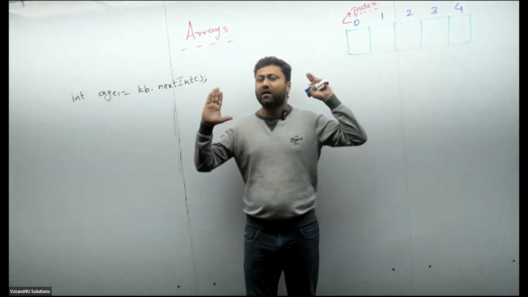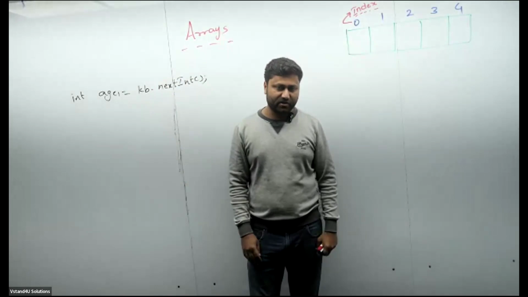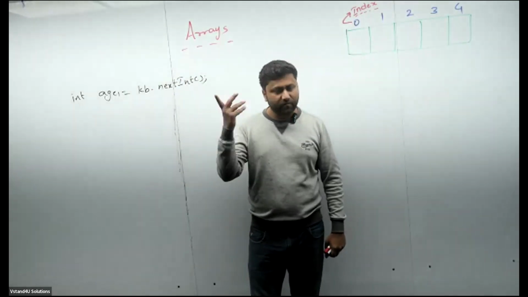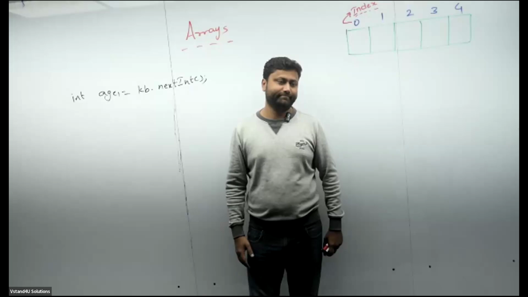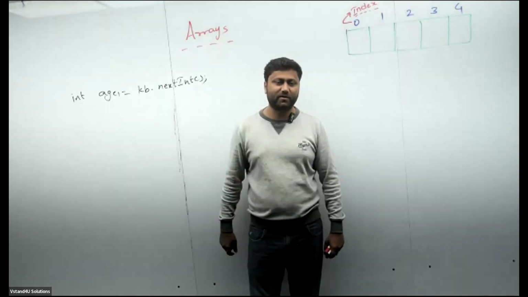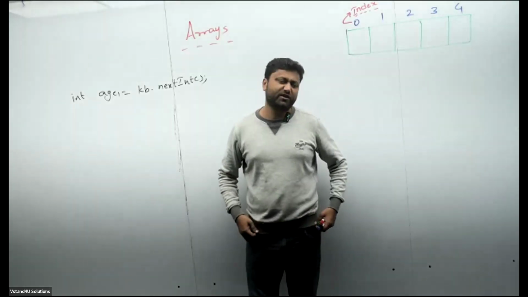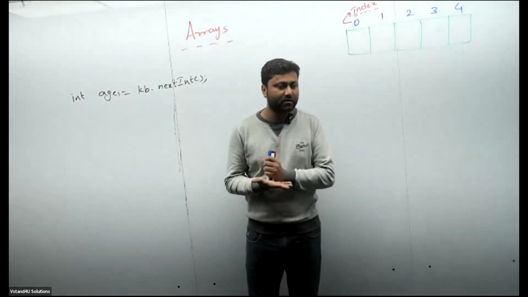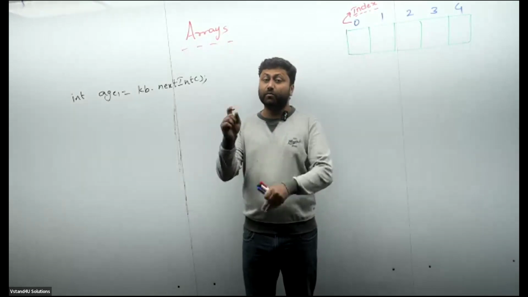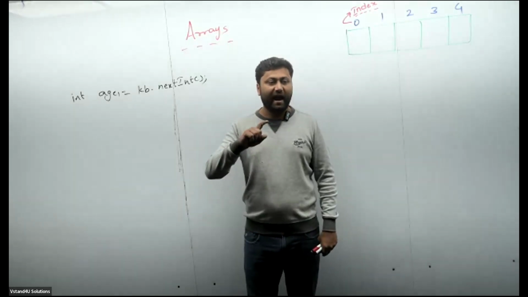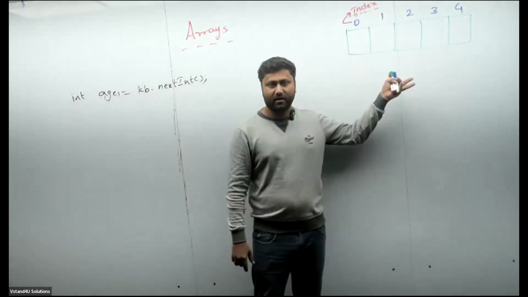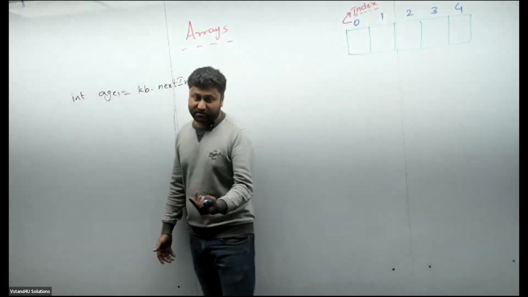Suppose I have created an array structure of size 100, but only 5 are required at runtime. The remaining is wasted. So one of the challenges with respect to arrays is inefficient memory utilization. What does inefficient memory utilization mean? Before creating the array, you must know the exact size. At runtime, if you consume 100% of the space you have given to the array, then it's a win-win situation.